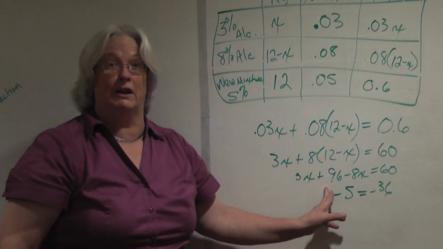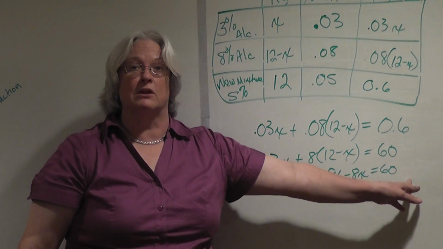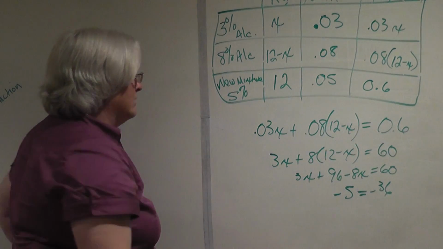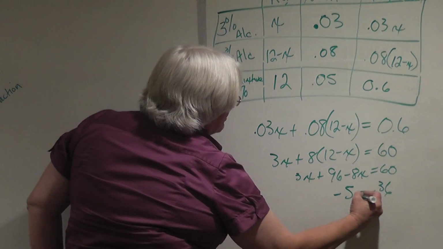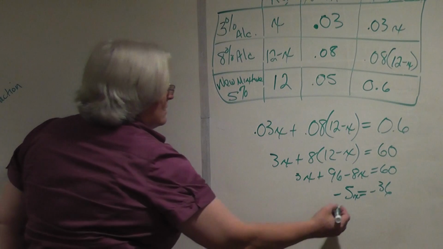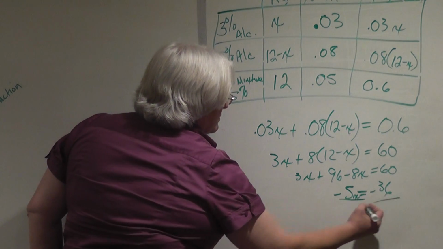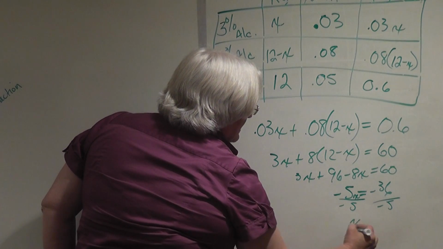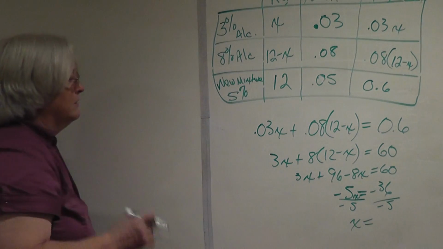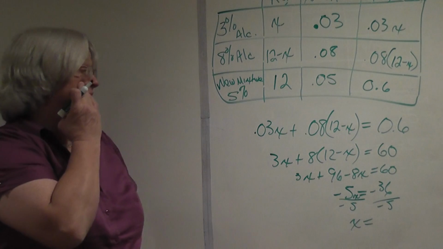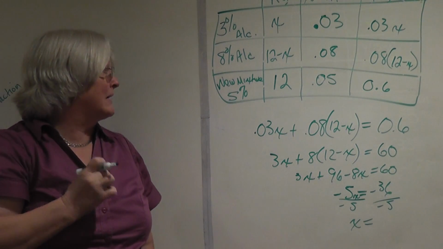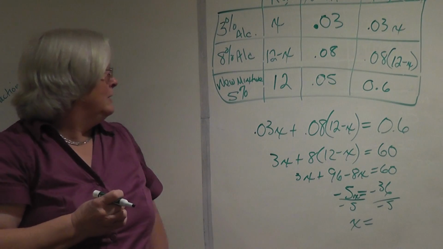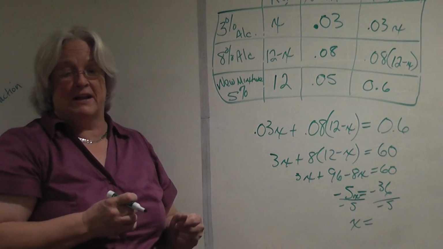We subtracted the 96 from the 60 over here on the right-hand side of the equation. And we remember to write negative 5x. Divide both sides of the equation by a negative 5, which tells me that x is equal to 36/5 of a kilogram of 3% alcohol.